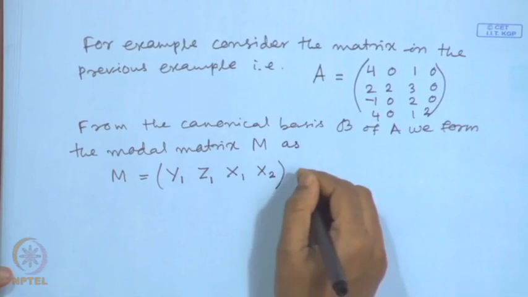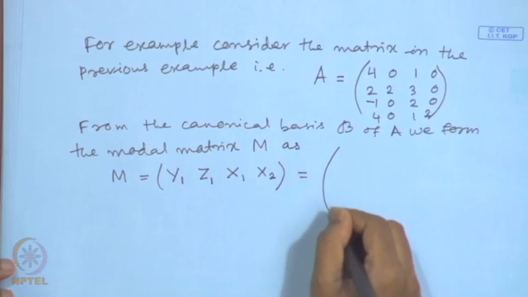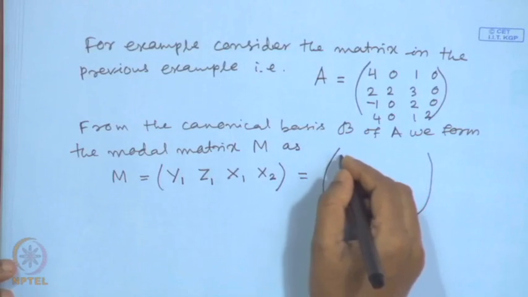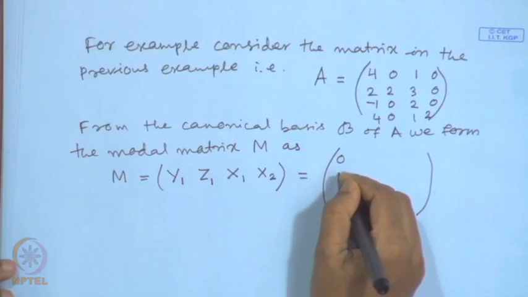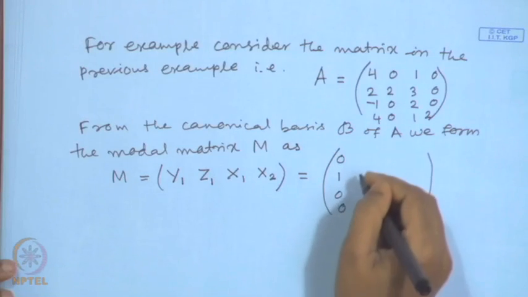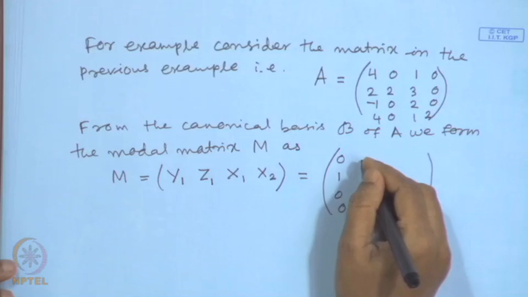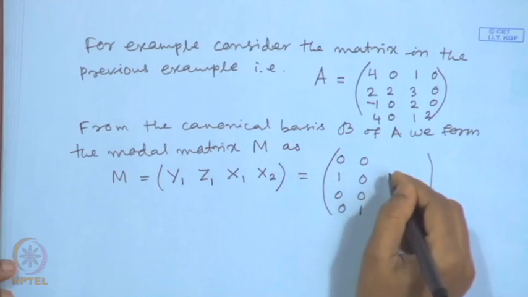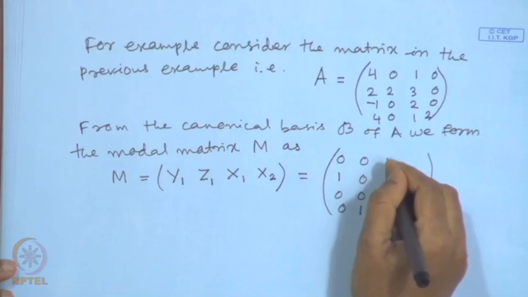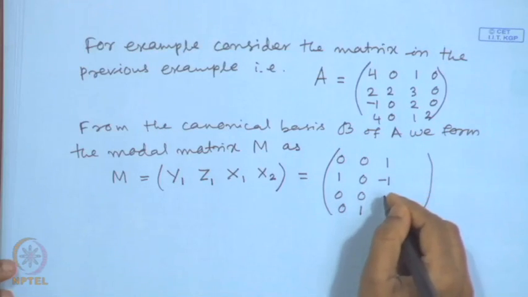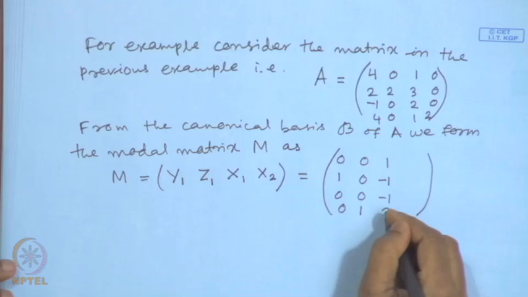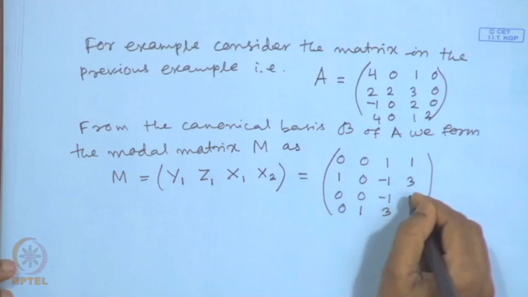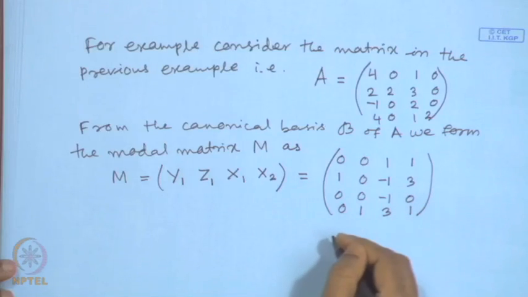Therefore, we get this modal matrix M. y1 we have taken as 0 1 0 0, z1 as 0 0 0 1, x1 is 1 minus 1 minus 1 3, and x2 is 1 3 0 1.